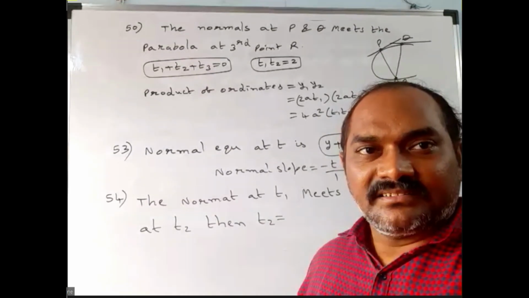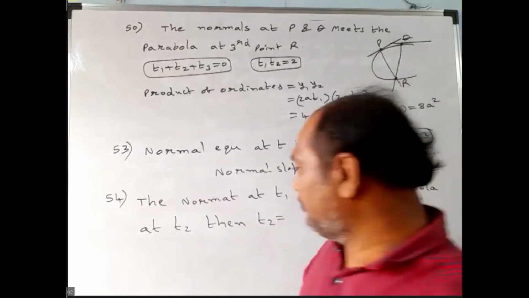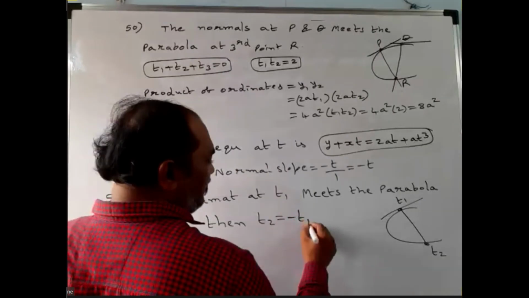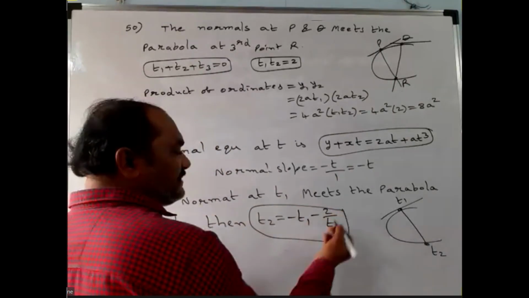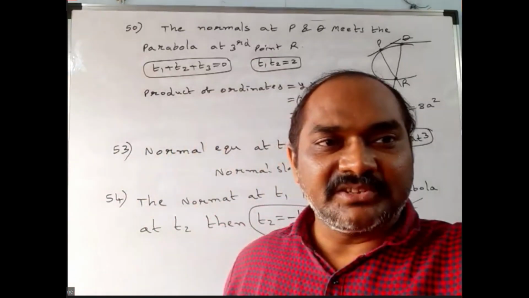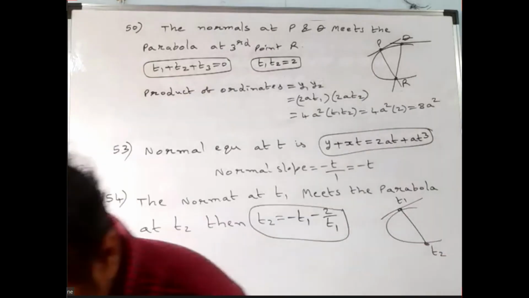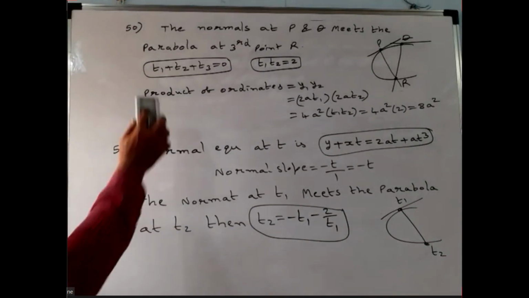Sai Charan, answer it. Minus T1 minus 2 by T1. Very good. Final simple problem. Already I told you. Okay, thank you, Sai Charan.